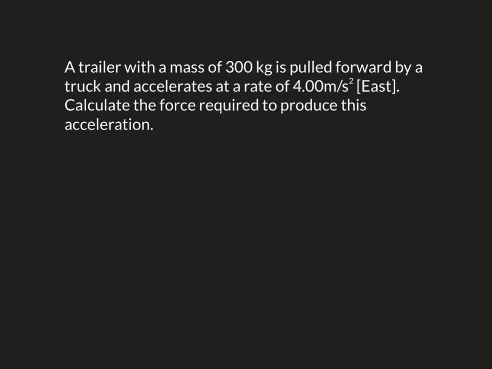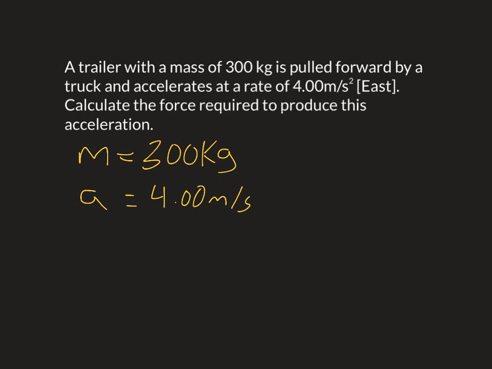All right, so as usual, we're going to write down what we know and what we need to find out. This problem is giving us a few things. It's giving us the mass of this object, which is 300 kilograms. And it's giving us the acceleration, which is 4.00 meters per second squared east, so it's positive. And then it's asking for force. So this is a nice simple problem.